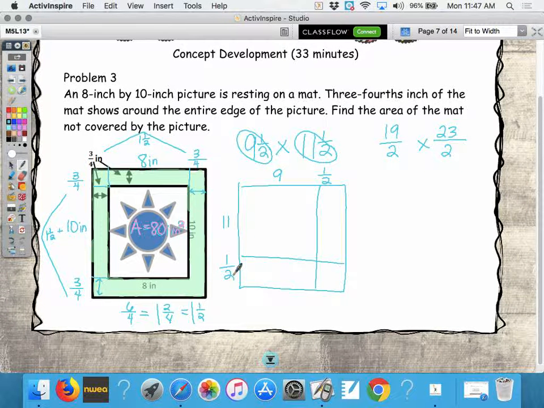So 11 times 9, boys and girls. 99. Oh. 11 copies of 1/2. Let's change that to a mixed number. 11 halves. Abdiel, what is that as a mixed number?